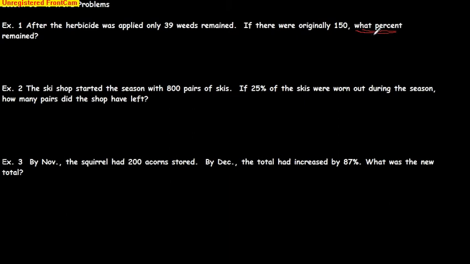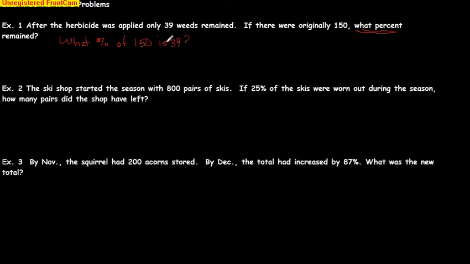What percent of 150? That's originally. What percent of our original amount ended up being 39? So we would say, what percent of 150 left us with only 39 weeds?